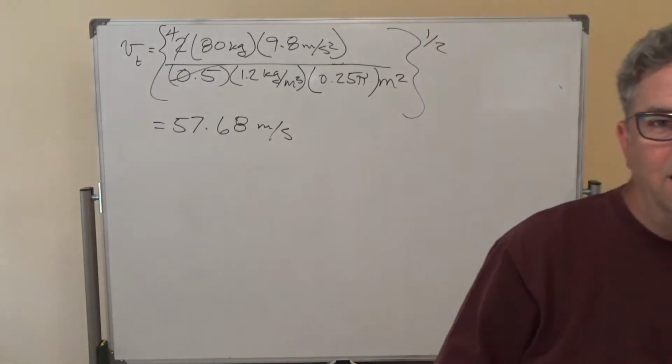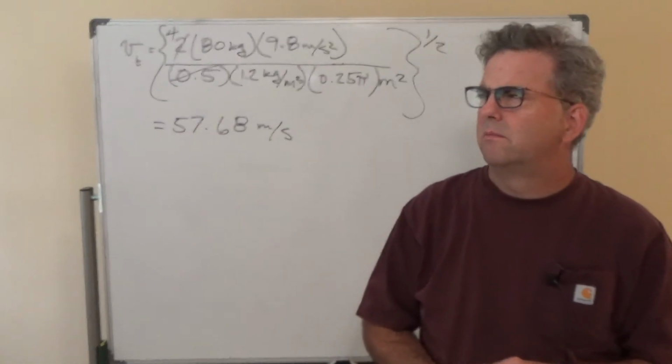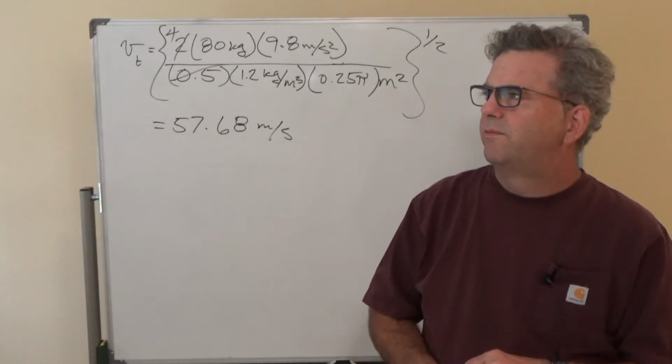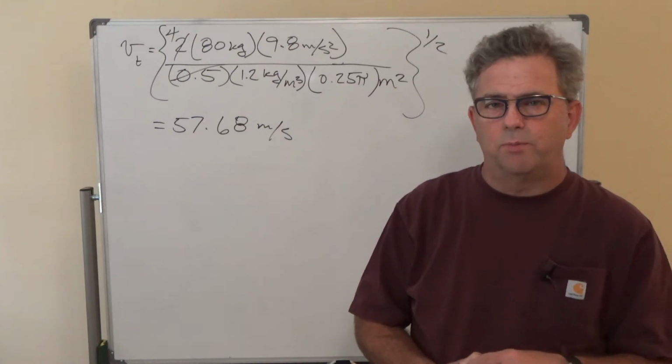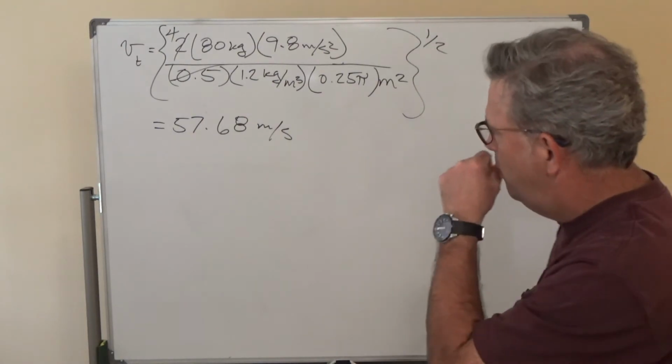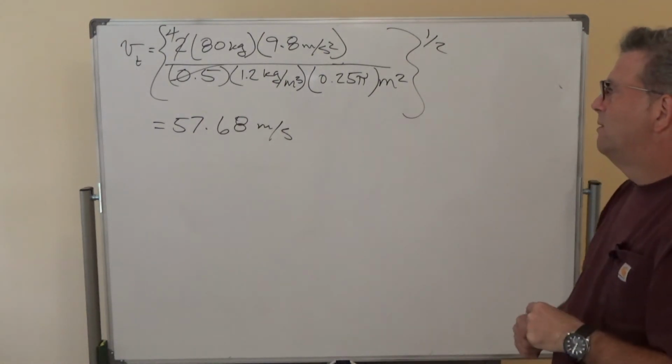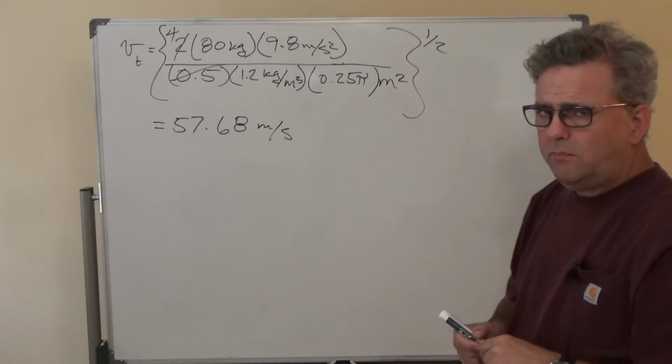What did we calculate the other day? 40 kilometers per hour is about 16 meters per second or something. All right.